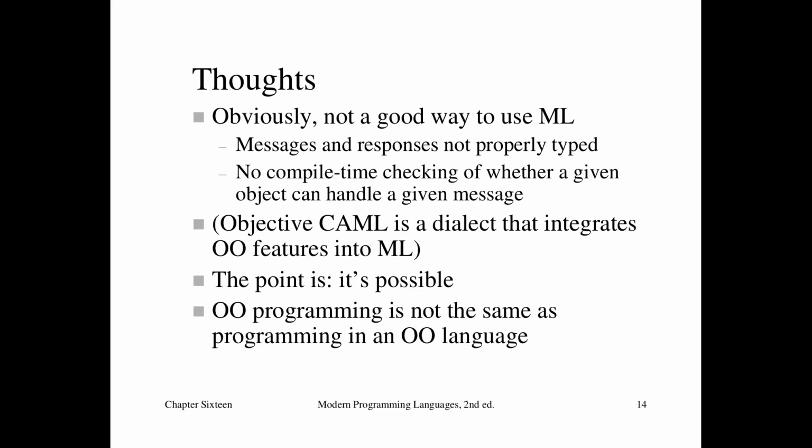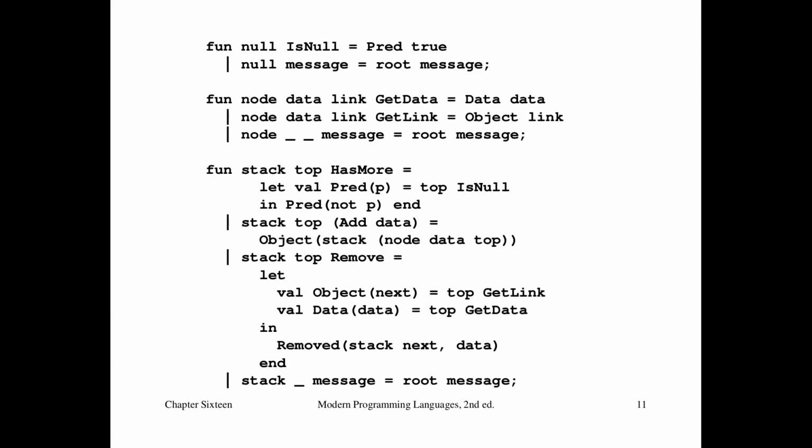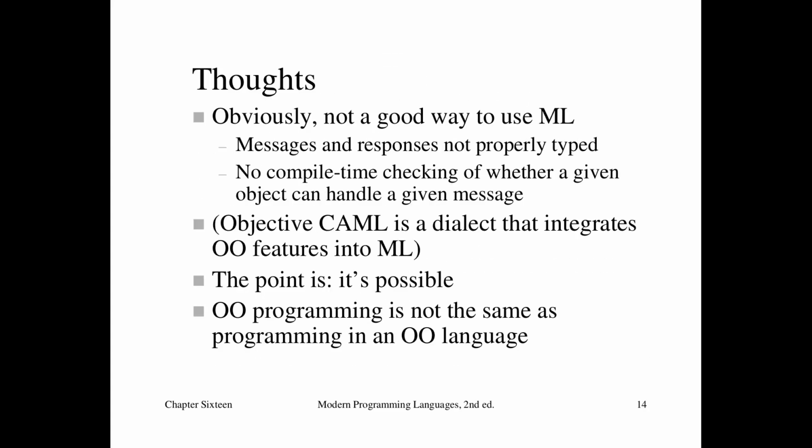But the problem is if we go back and look at this, this is not quite what we normally would expect to see from, for example, ML, right? It's not functionally defined things. It's really kind of dirty looking ML, basically. And furthermore, as I just mentioned, messages and responses are not properly typed.